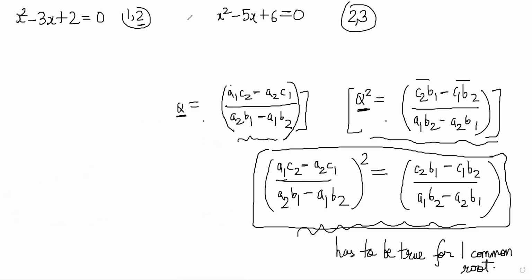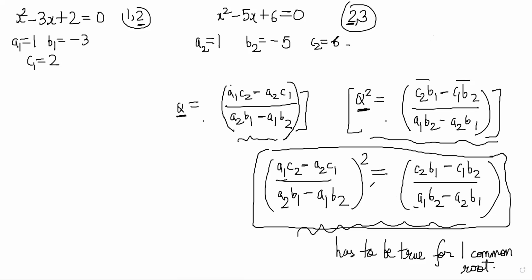So 2 is a common root, and there is only one common root. So a1 is 1, b1 is minus 3, c1 is 2. a2 is 1, b2 is minus 5, and c2 is 6. Now we will confirm whether this relation comes true.